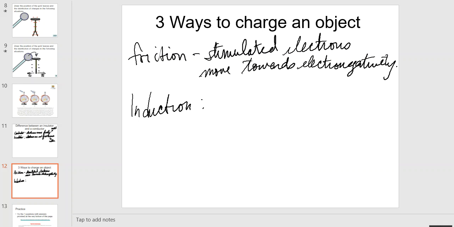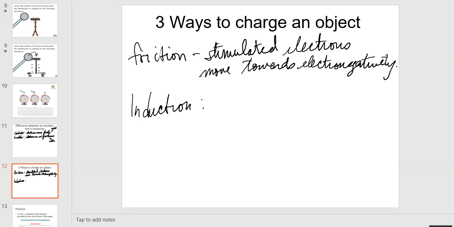The charge of the rod? Still neutral overall, but it's localized differently, right? Negatives here, positives there. Everyone's okay with that? If I bring it out, this is neutral, right? I haven't touched it.